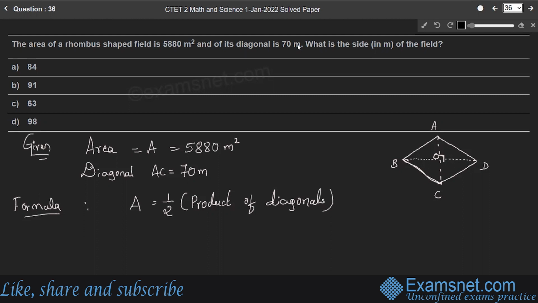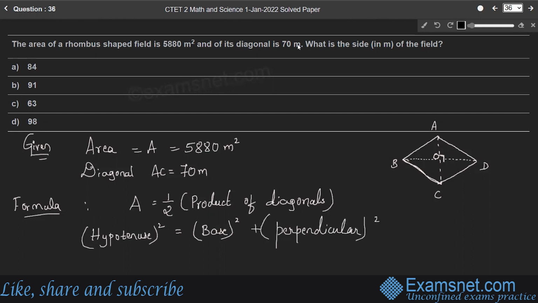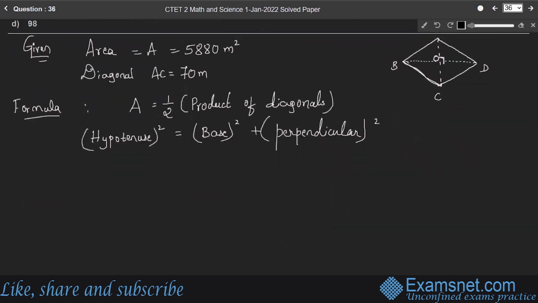And the square of the hypotenuse is equal to base square plus perpendicular square. Okay. Calculation part.